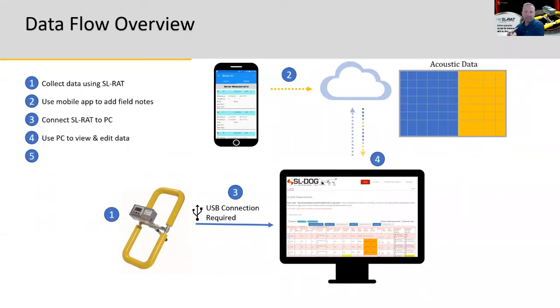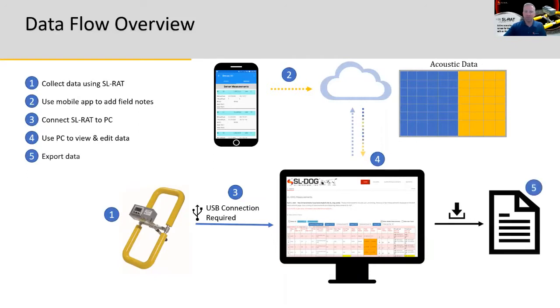Once the SLRAT has been uploaded to the cloud, you can then proceed to step 4, which is to log on to your own SLDog portal account from any internet-connected device. You do this by going to sl-dog.com. Once in your portal, you can review the data, quality check it, and edit or enhance it as needed.